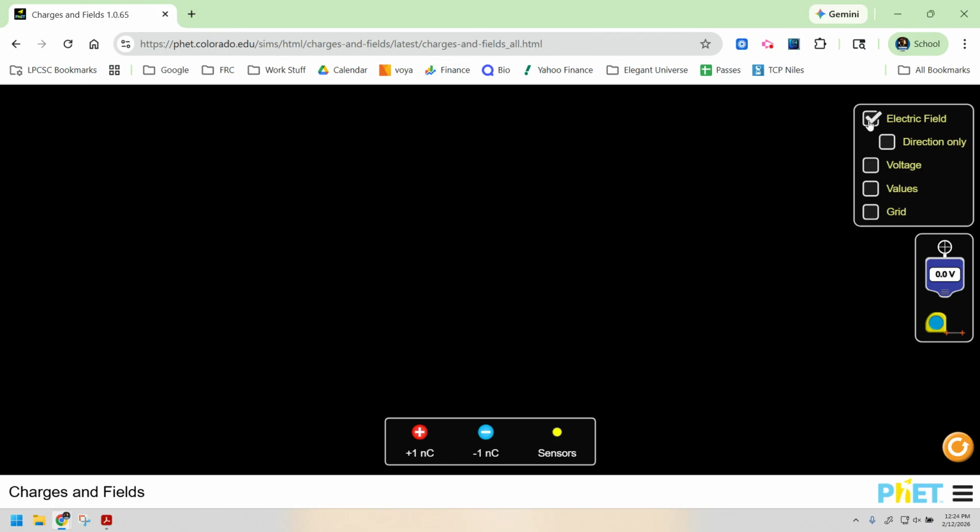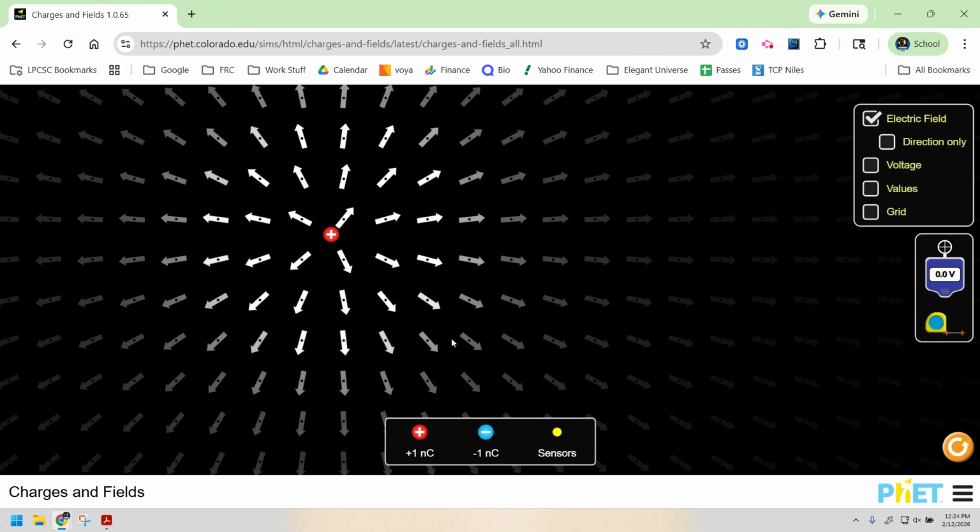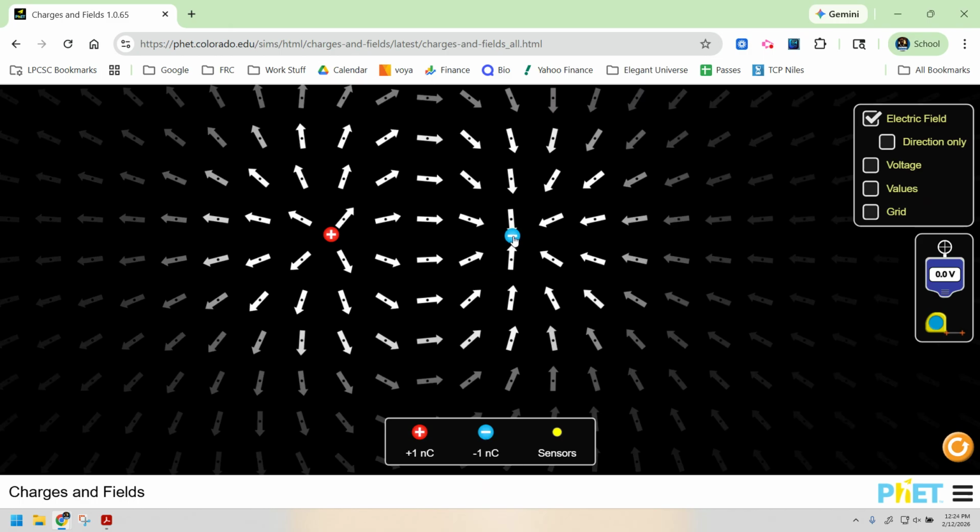I think we did this before with just the electric field. So in other words, if I put a charge up here, those are my electric fields, right? And I put an equal but opposite charge, we kind of have this pattern, right?